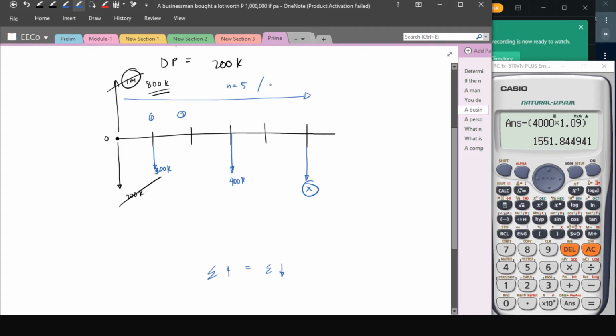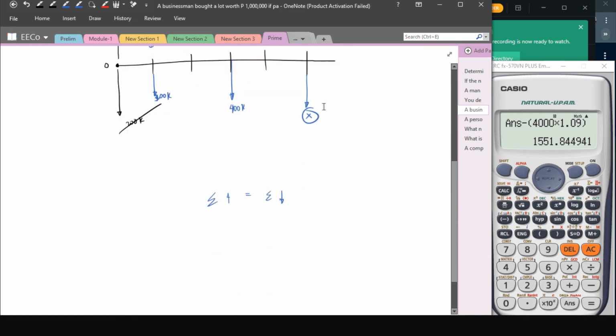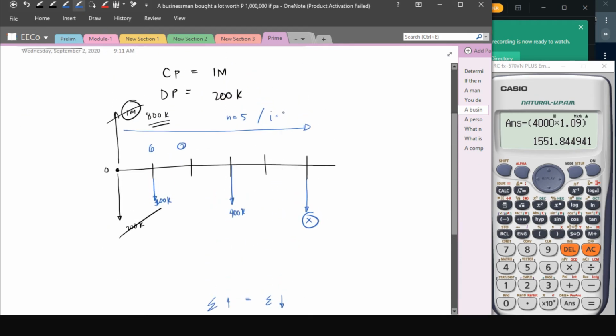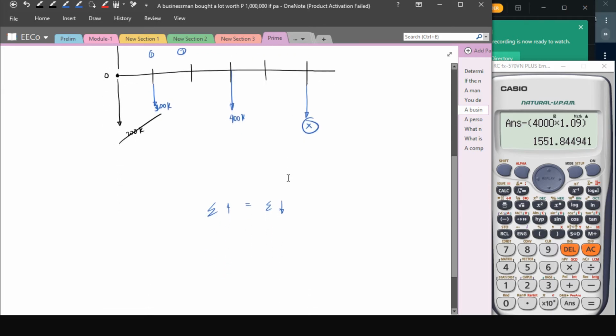At what interest? So, interest niya is 20%. Pag talaga property, malaki ang interest niya. So, 20%. So, 800,000 times 1 plus 0.2 raised to 5 equal to, ano yung nilagay mo?